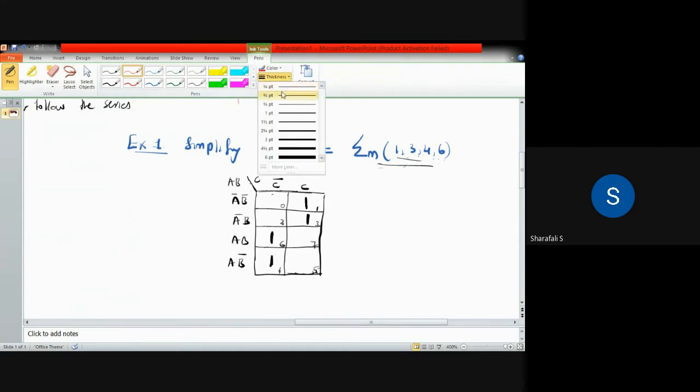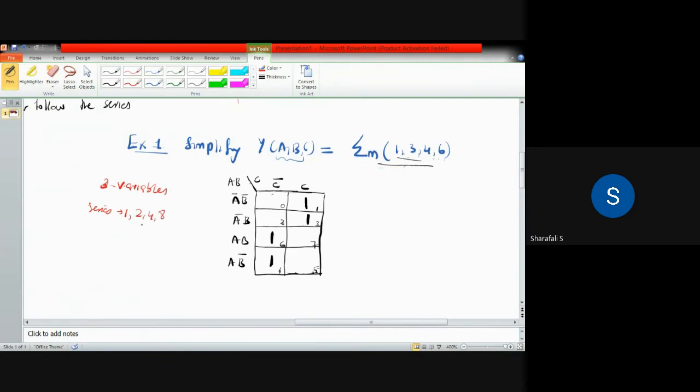Start with 8 because you are having three variables, which means that your series will be 1, 2, 4, 8. The maximum number of cells that you can group is 8. You can see you are having a total of 8 cells, and we do not have minterms in all of them. So 8 is not possible.